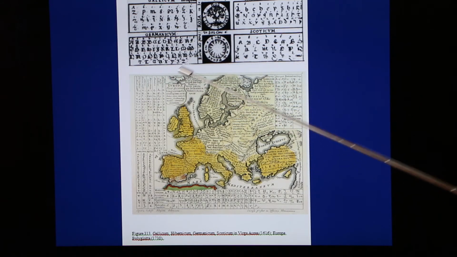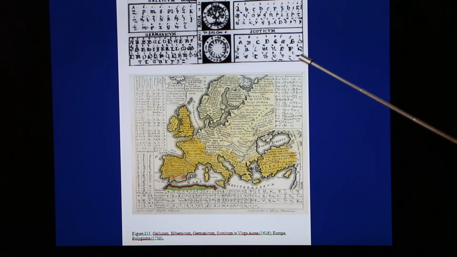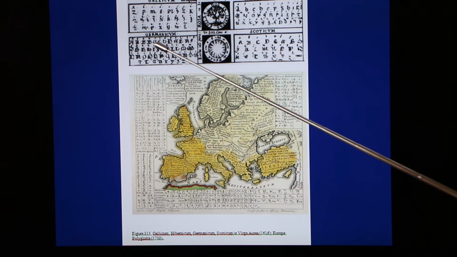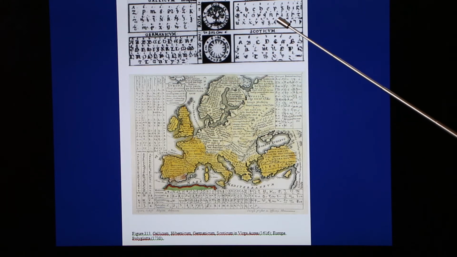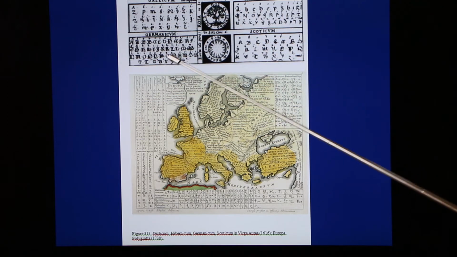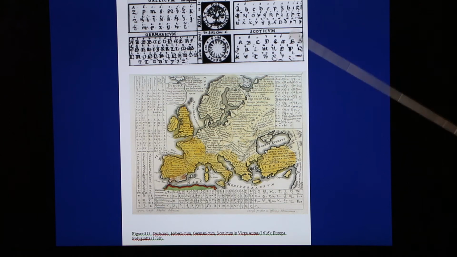Another example of what that dictionary of letters would look like. And for fun, I've taken here 4 of the early 72 sacred alphabets. So Gallicum, so French, Hibernicum, Irish, Germanicum, and Scoticum, Scots.